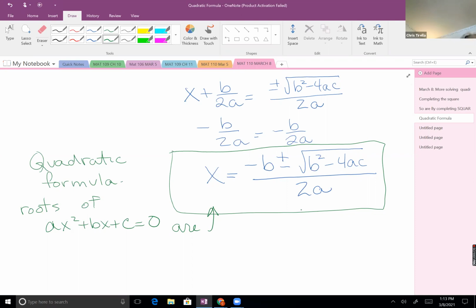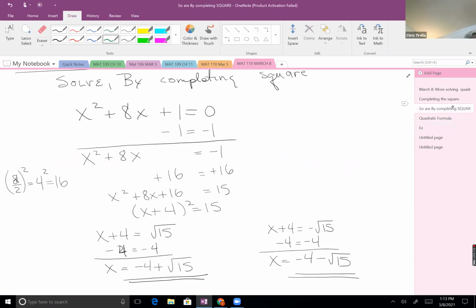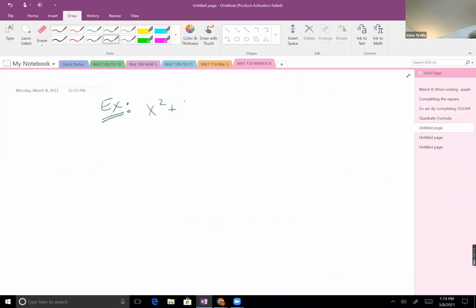So let's go through and let's look at how you can use that formula. For an example, let's take that last example that we had done, which was x squared plus 8x plus 1 equals 0, and let's solve using the quadratic formula and compare it to solving by completing the square.